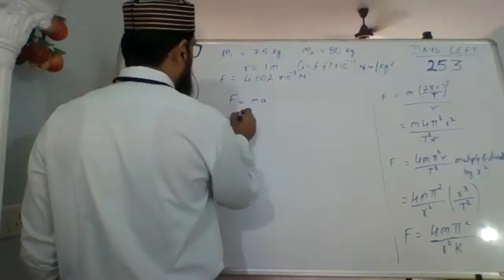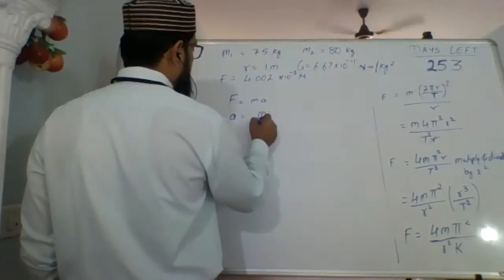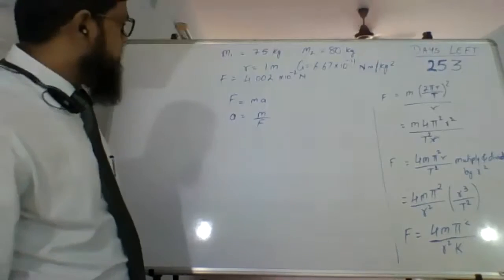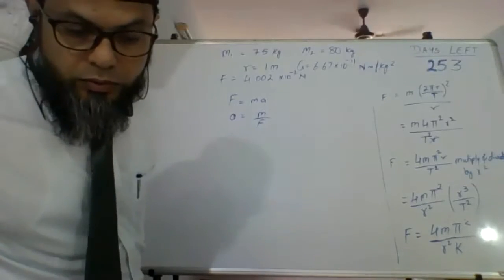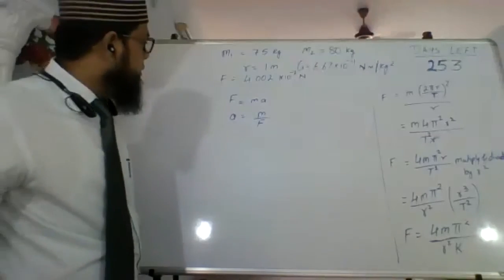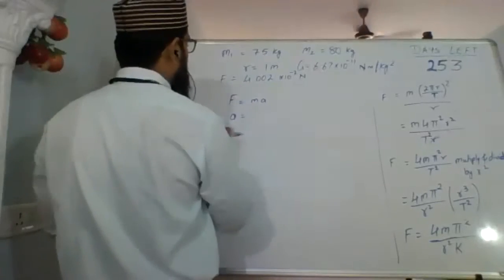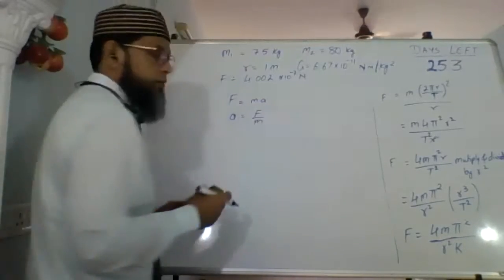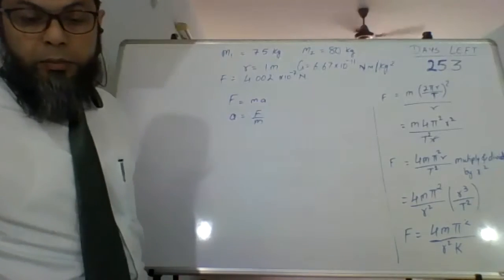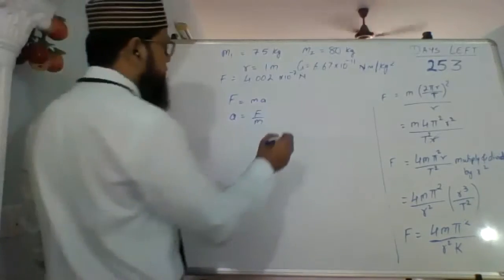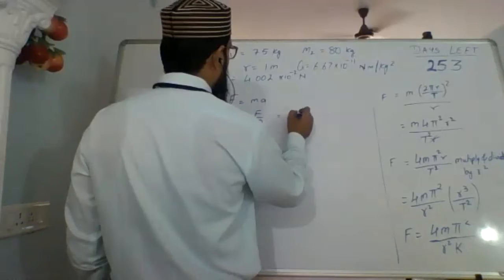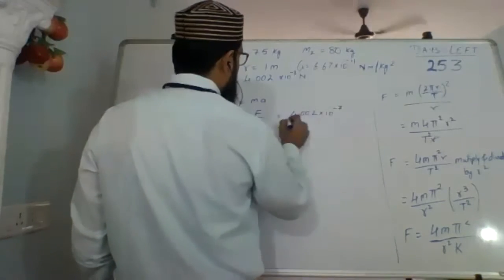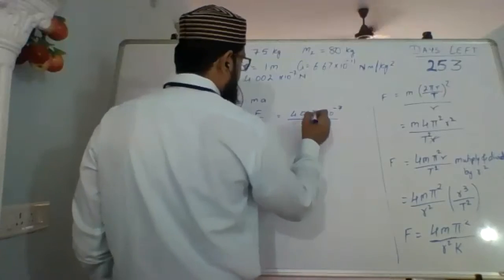So I can also say acceleration is force upon mass. Sorry, hold on. Bring m over here: acceleration is force upon mass, not mass upon force. Which is 4.002 into 10 raised to minus 7 upon the mass of Mahendra, which is 75.